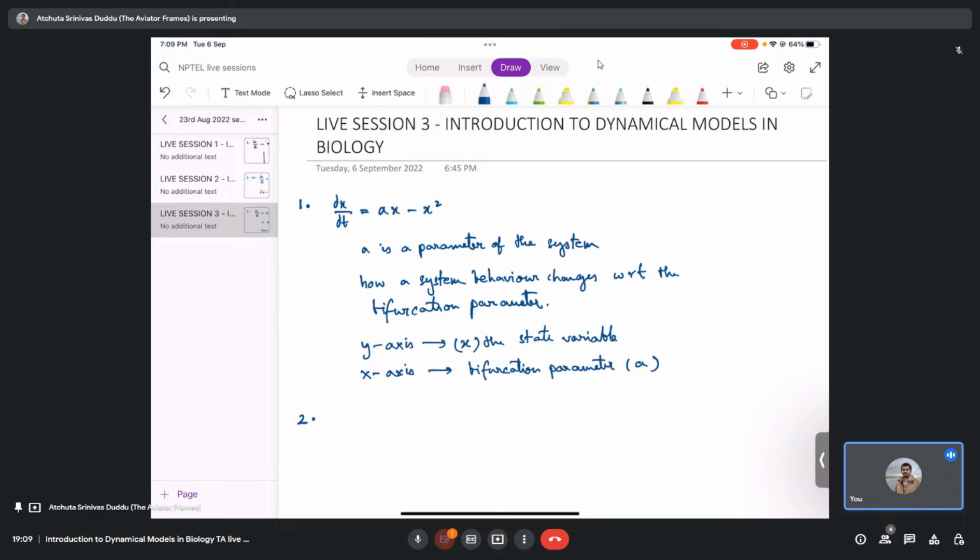Next, the second question. We have two parts. First, they're asking us to show that the following ODEs have bifurcation. First, dx/dt = ax - x².